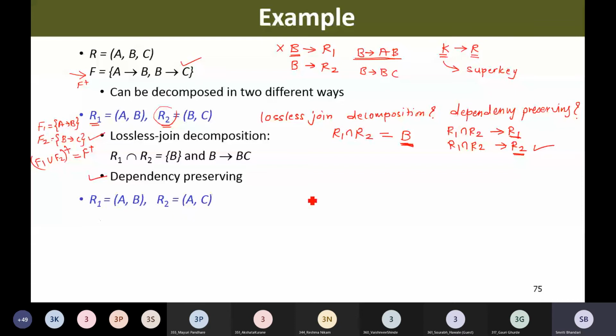To check lossless join, we need to check R1 intersection R2. In this case, what is R1 intersection R2? A. Right. Now we need to check whether R1 intersection R2 determines R1 or R2, that is, whether A determines AB or whether A determines AC.